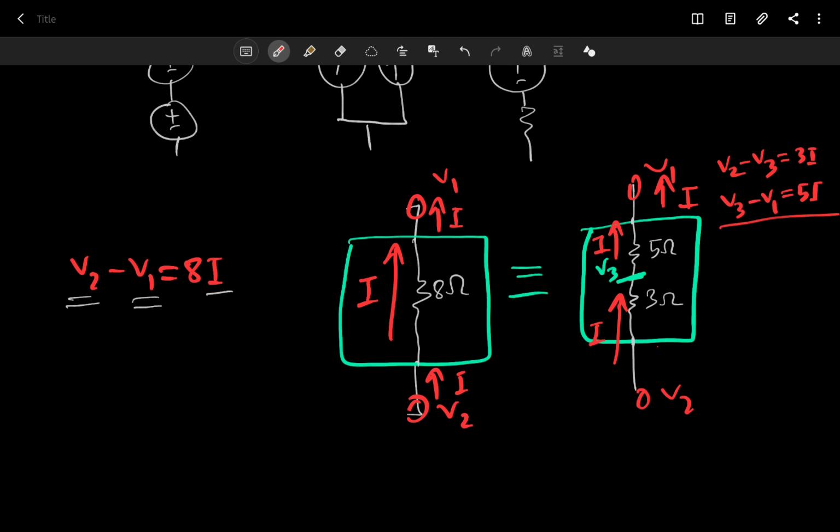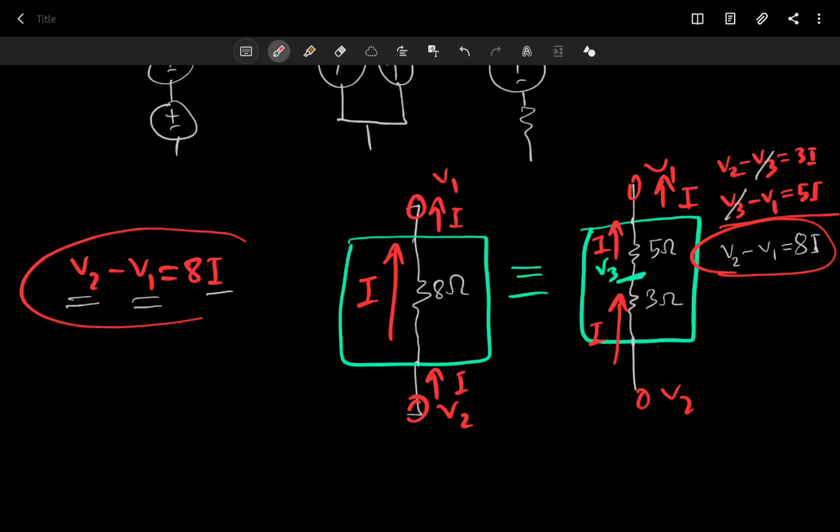If you add them up, you can cancel V3. You will have the equation V2 minus V1 equals 5 plus 3, 8I. So the circuit on the right also has the exact same equation as on the left.